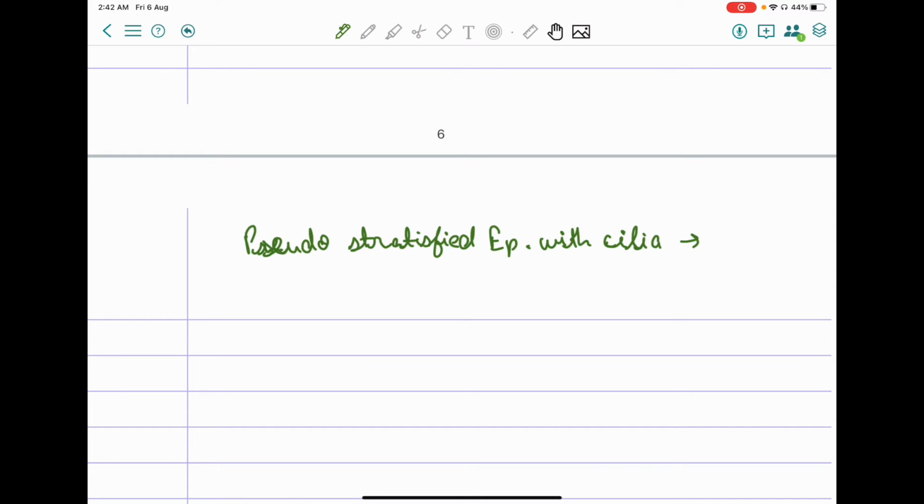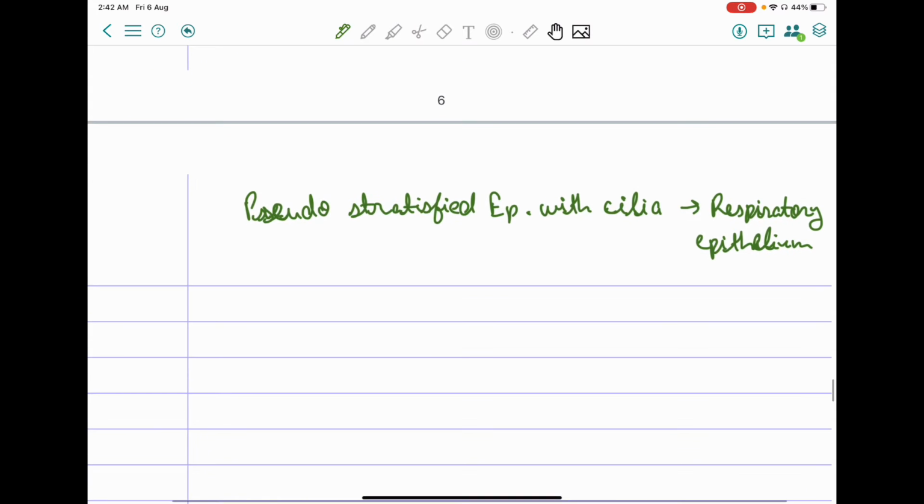Where are they found? They are found in respiratory epithelium. So here was the difference.